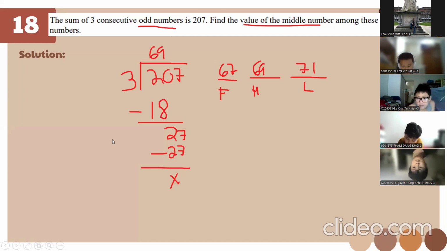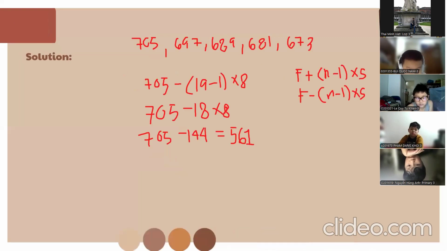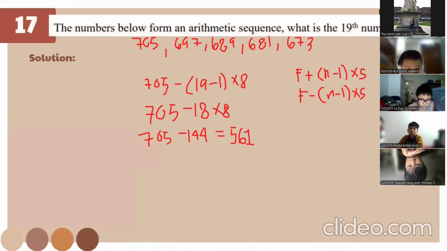The answer for 17, okay, just give me a second. So, the answer here is 69, class. Okay, so you copy now, or you screenshot in 5, 4, 3, 2, and 1, because I'll have to go to number 17 last. So, the answer is 561 here.